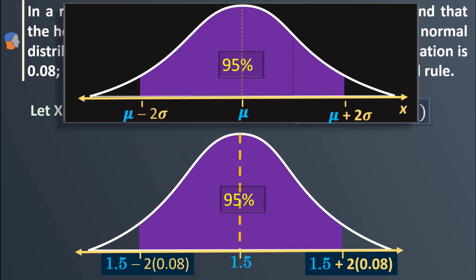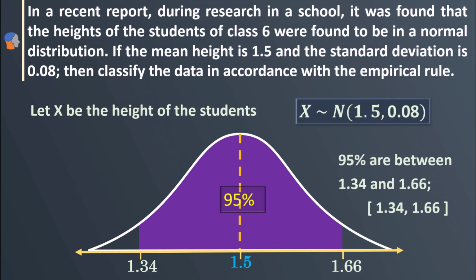So we can show the area on our density curve. That is 1.34 and 1.66. Therefore, according to the empirical rule, we can say 95% are between 1.34 and 1.66.